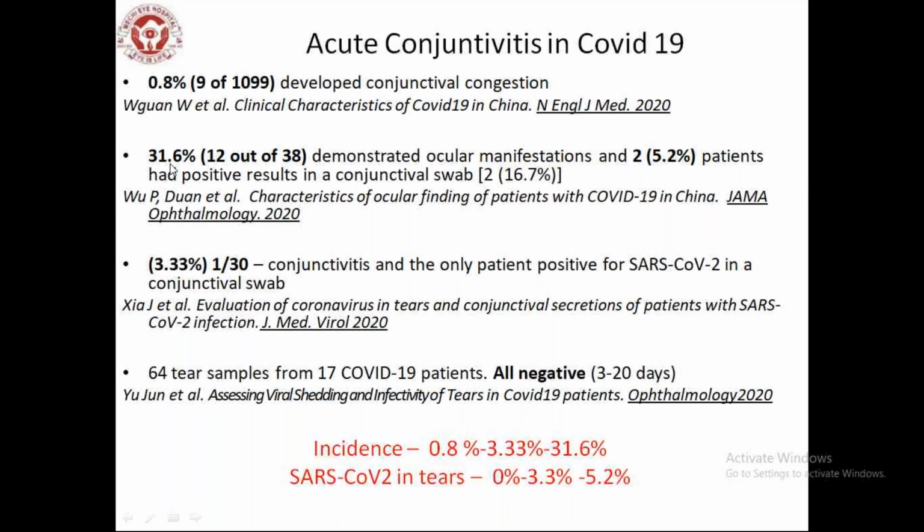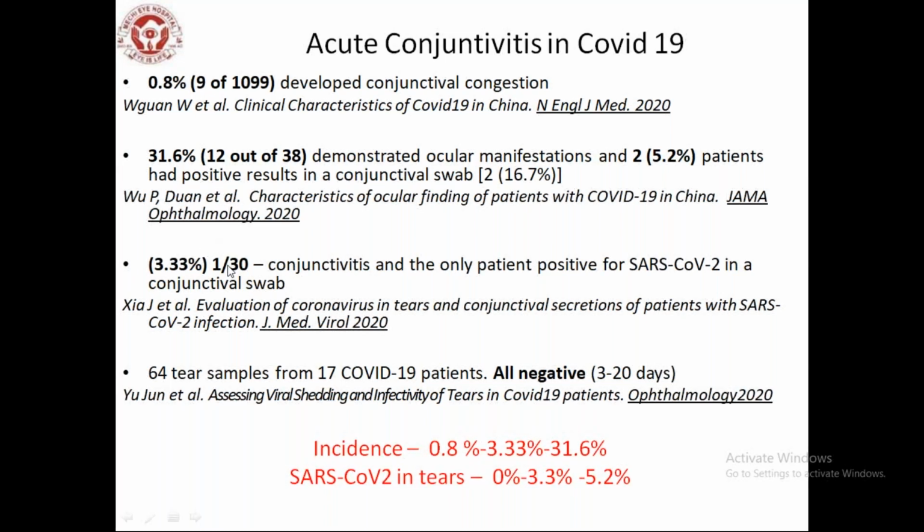In the first case, a conjunctival swab was not sent for PCR, and in the second study, 2 out of 38 patients were positive; they could demonstrate SARS-CoV-2 virus in the conjunctival swab. So in total, it comes out to be about 5.2% of the case samples. It was positive in tears.